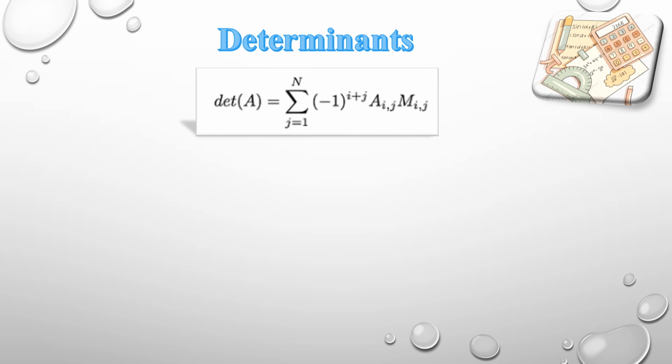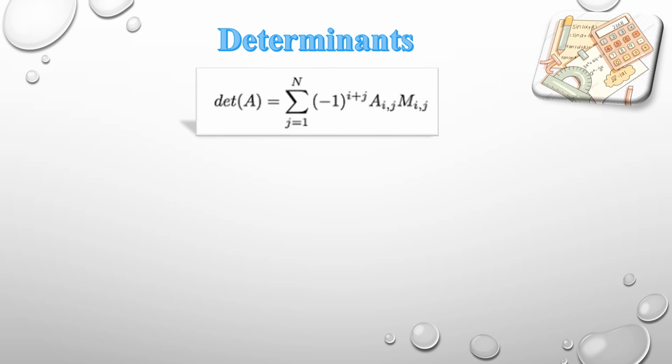Let's move on to the concept of determinants. To begin, the determinant of a matrix is a special number that can be calculated from its elements. Determinants help us understand important properties of matrices, such as whether a matrix has an inverse or the solution of a system of linear equations. We calculate the determinant of a square matrix of order n using this formula.